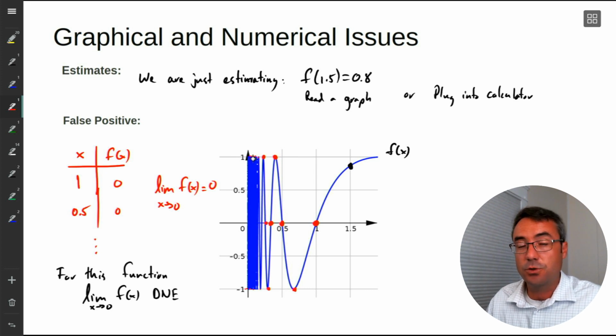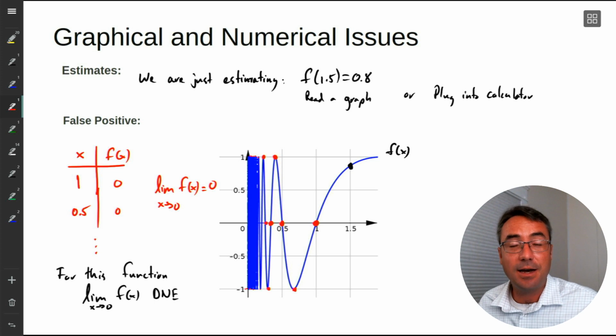So it doesn't approach one specific number. If you're just coming up with a list of values, you might have picked some really unlucky ones. So in this example the limit doesn't exist, but you might be tempted to say it's 0 or 1 or -1.